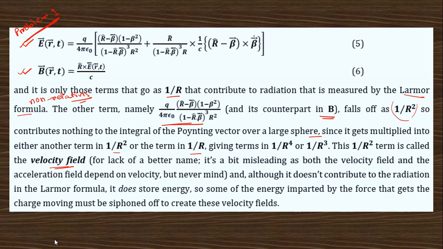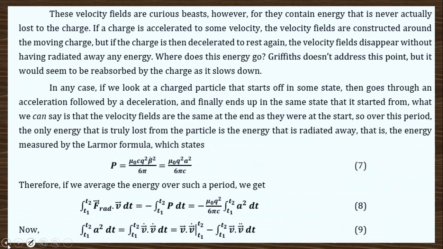Using this electric field and magnetic field, if you calculate the power, you get the Larmor formula. Power is nothing but work done per time, and work done is force into displacement. So the total power is F dot v. This is the power, and if we multiply by t, it becomes energy.